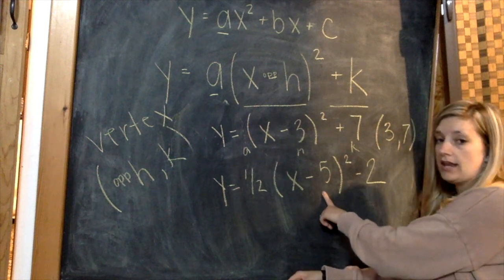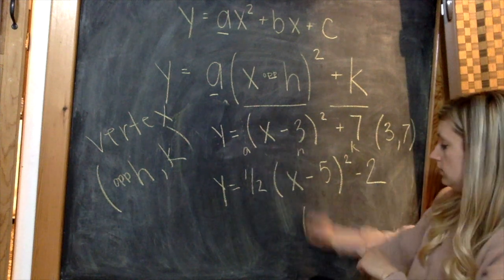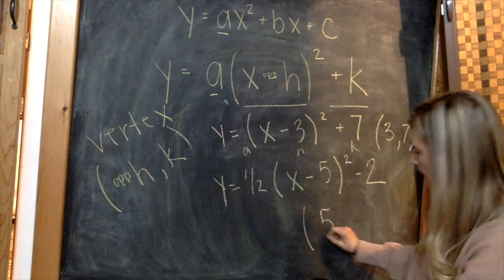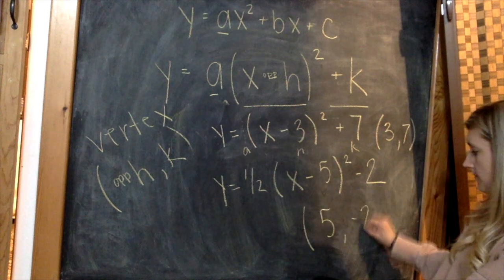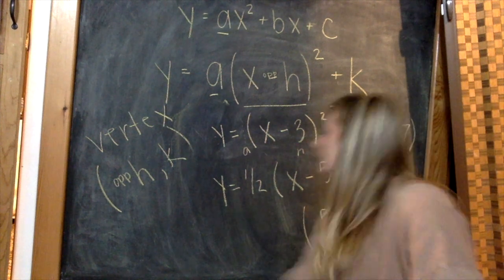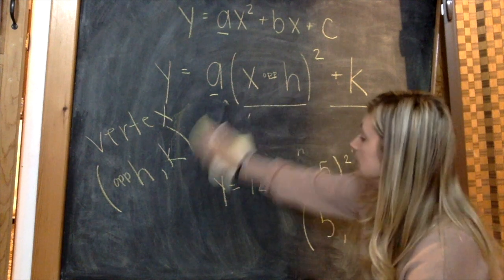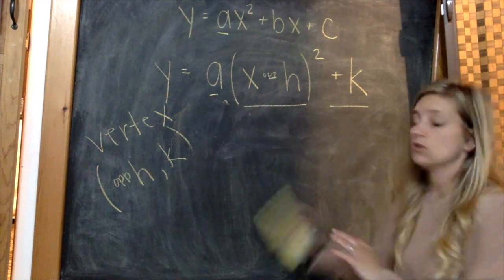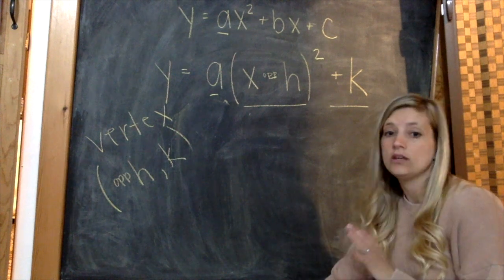So opposite H, K. My H is negative 5, so what's opposite? 5. And what's my K? Negative 2. Okay? Guys, trust me, it is seriously that simple. Please don't overthink this. I know all of you can do it.